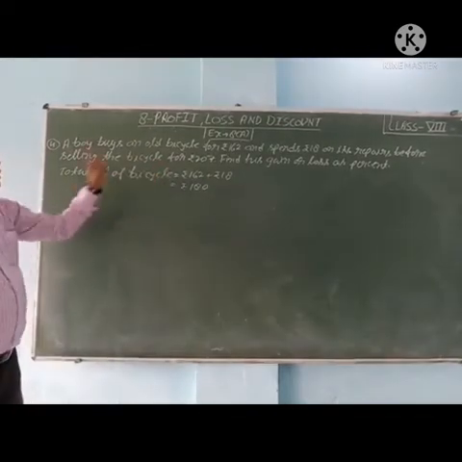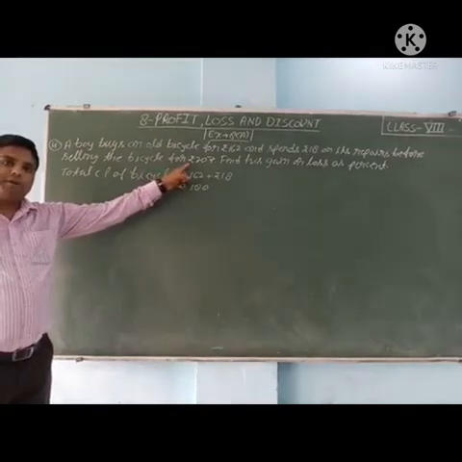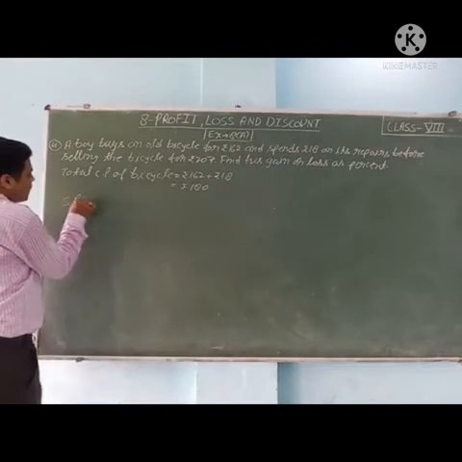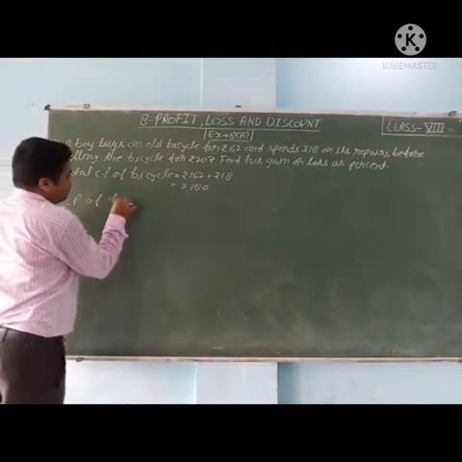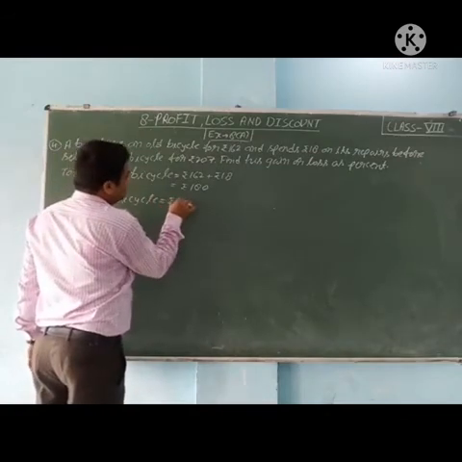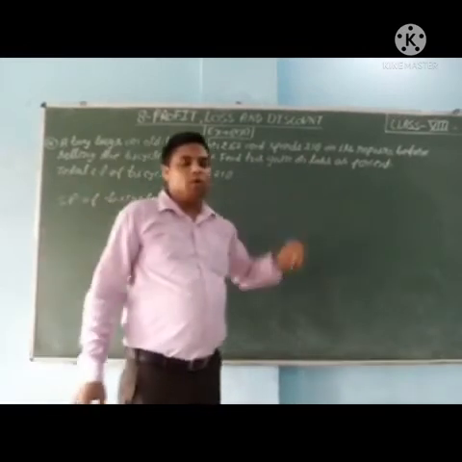Now what is it? Before selling the bicycle for rupees 207, 207 is the selling price of the bicycle. So selling price of the bicycle is equal to rupees 207. Find his gain or loss as percent.